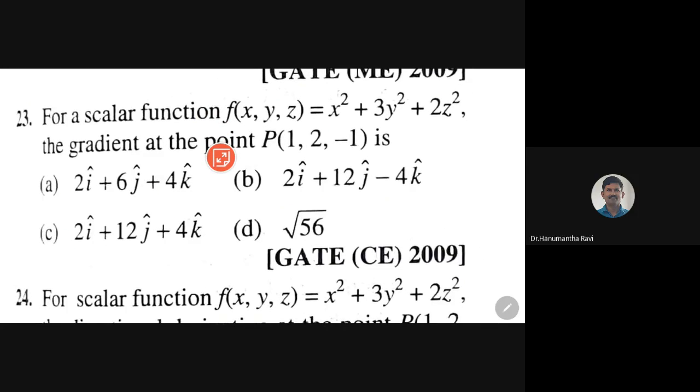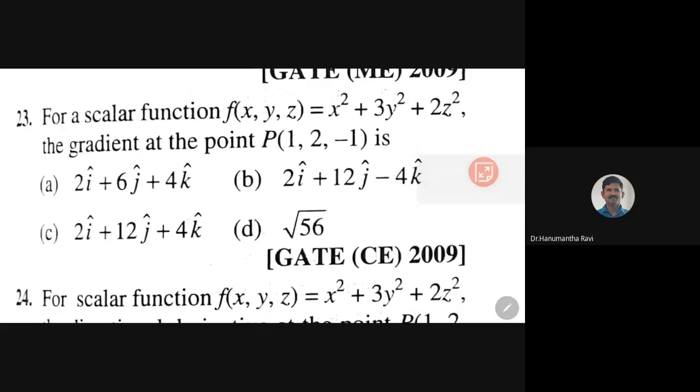For a scalar function f of xyz equal to x square plus 3y square plus 2z square, the gradient at the point.